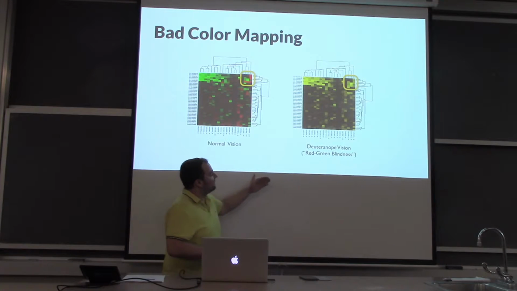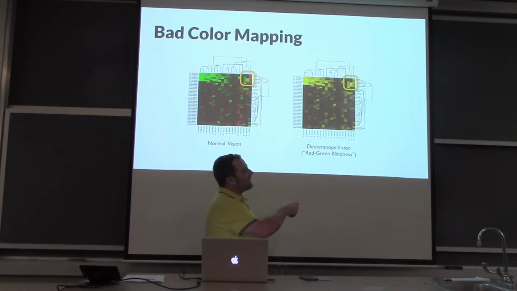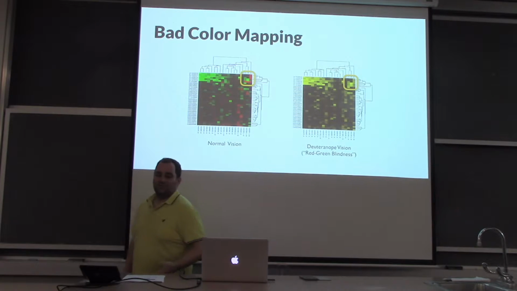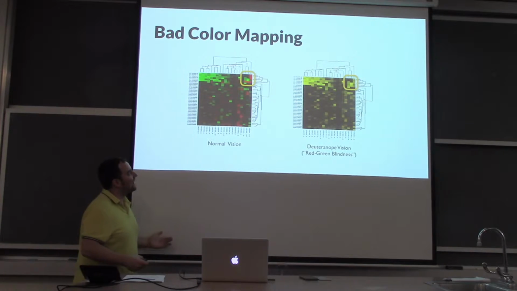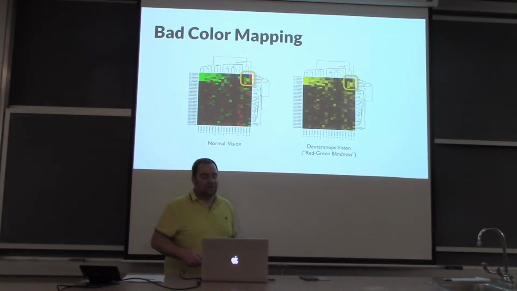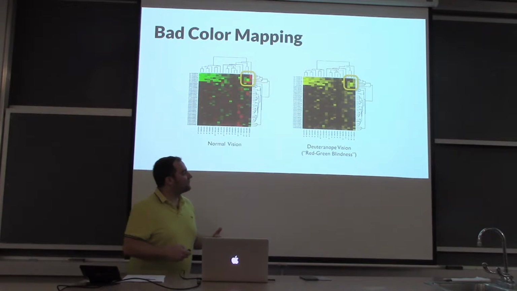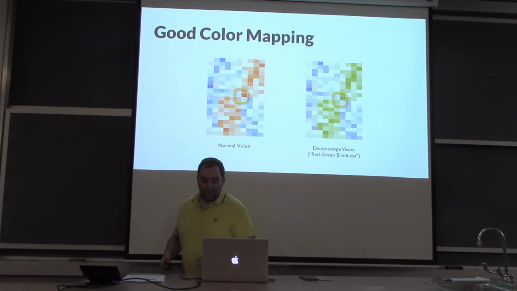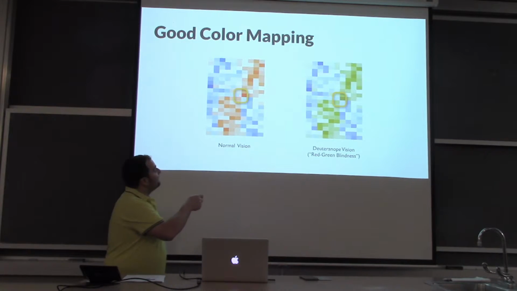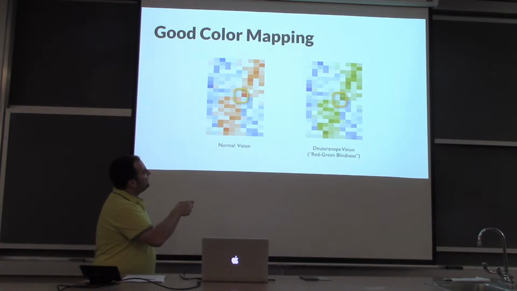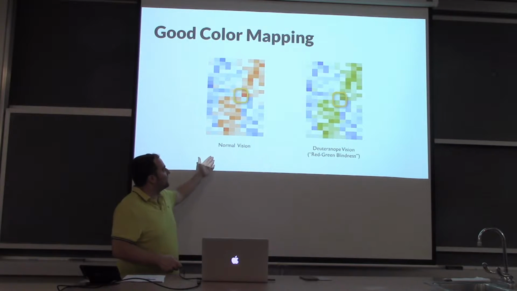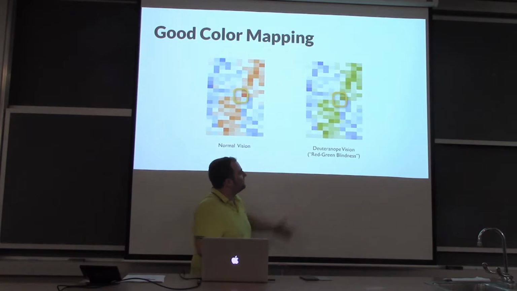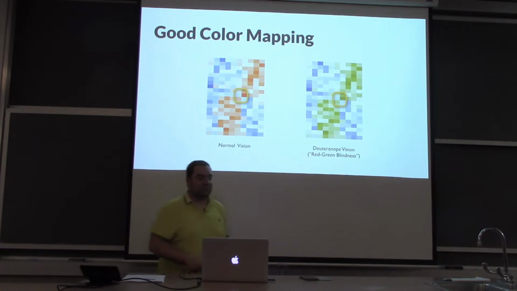But if somebody is red-green blind, this very strong effect is completely lost, because the colors are very bright, and the separation by hue doesn't work for somebody who has red-green blindness. If you instead did something like this, with the exact same thing, high values juxtaposed with low values, and you have a red-blue color map, with normal vision it looks like this. For somebody who is red-green blind, it is still easily readable. So just a reminder to use good color mapping.